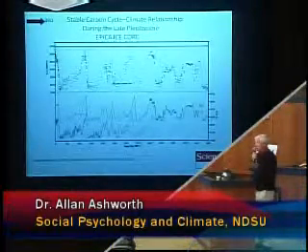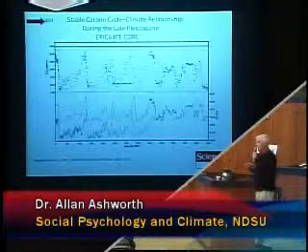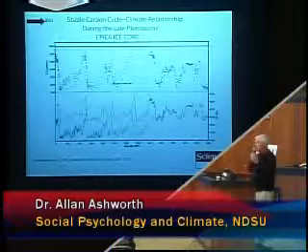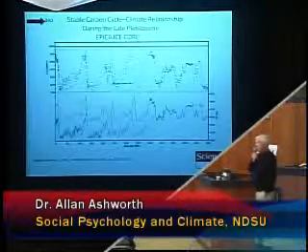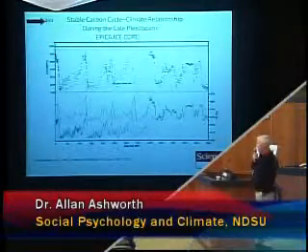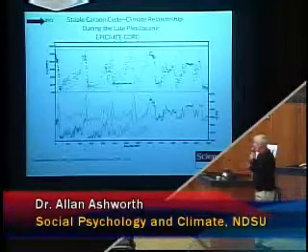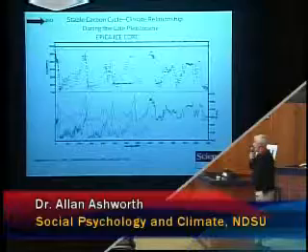We hear explanations about warming oceans giving up carbon dioxide, but they don't seem to work in terms of any explanations we can come up with.